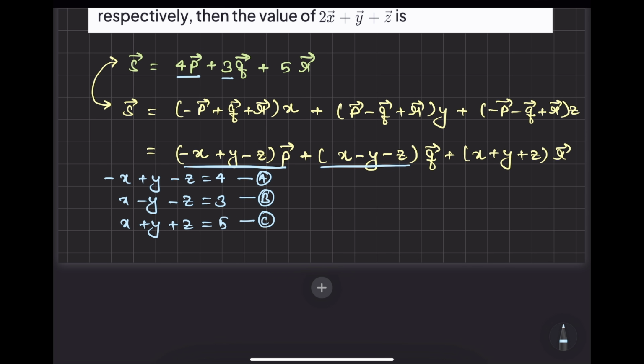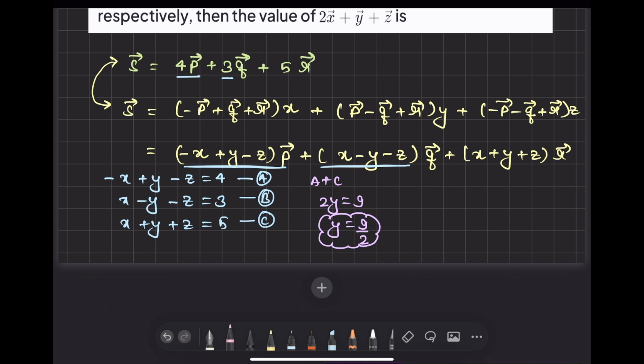Now look at this. Just be very careful. I am doing A plus C. If you do A plus C, z and x will be neutralized. You will be left with 2y equals 9, and y will become 9 by 2. So you got your y.